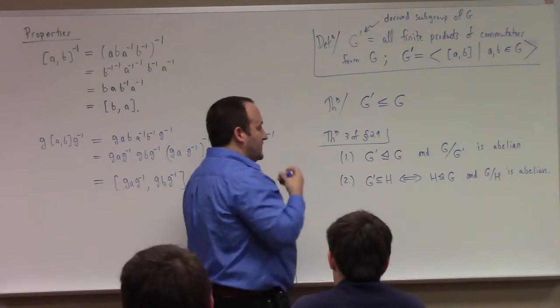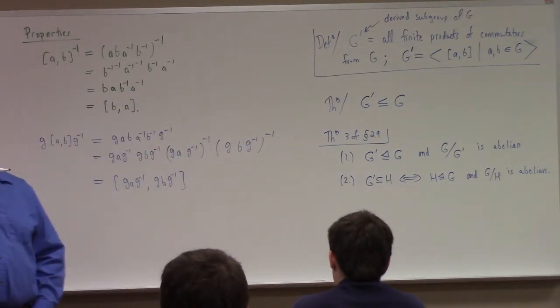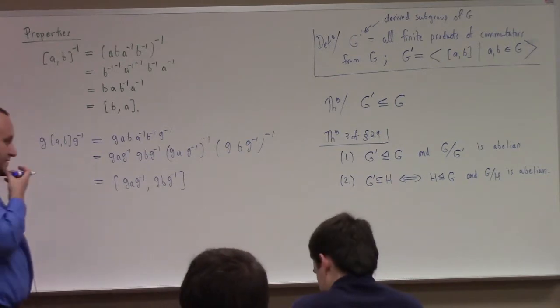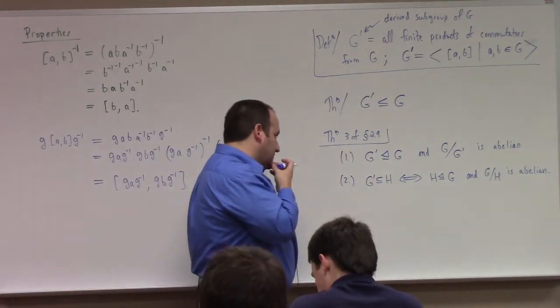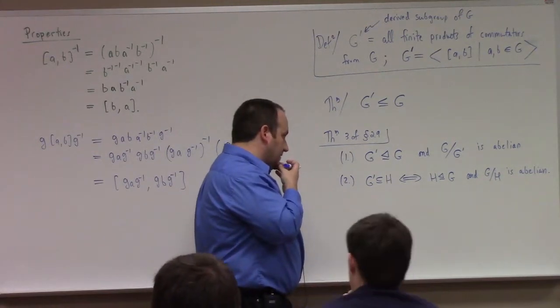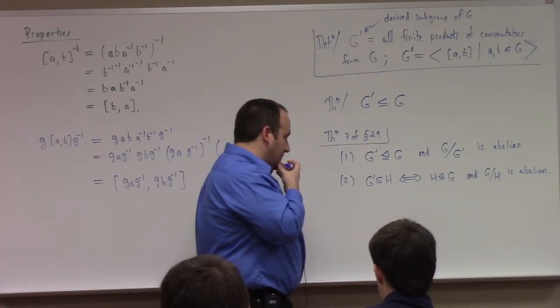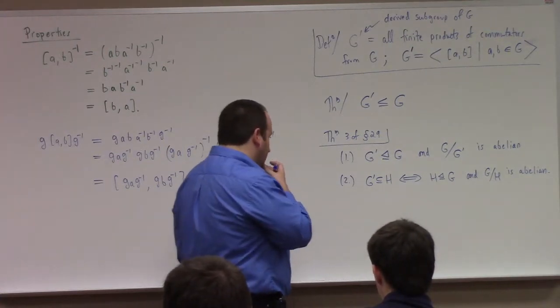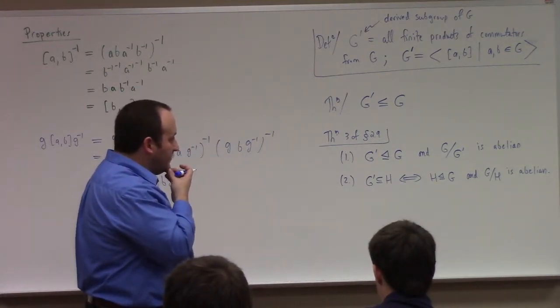You're essentially forcing the cosets to commute by doing that, so that's why it's abelian. And number 2 says that if your subgroup contains the derived subgroup, then it has to be normal in G, and the factor group you form by H is abelian.